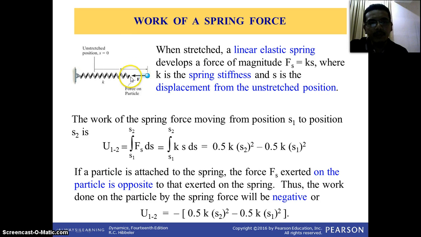If you release the spring, it will become original, at the initial position. So actually the force is opposite to our direction of the spring, so the work done on the particle by the spring will become negative, or we just put a negative into our equation here.